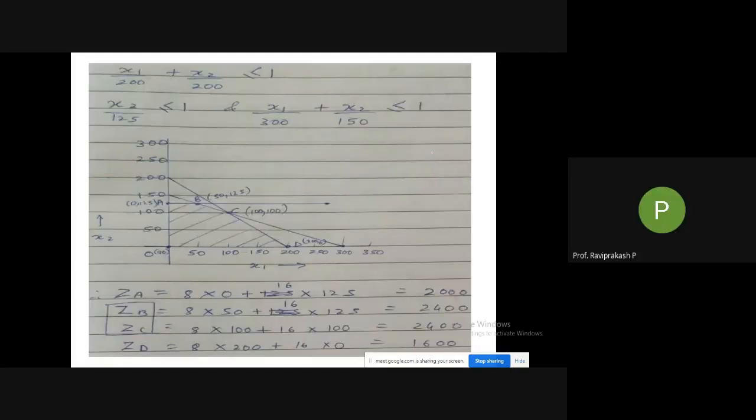Anyone completed or no? Please respond, students. Should I move ahead with the answer? Yes, sir. Show the graph. It's a graph, you can see the graph.